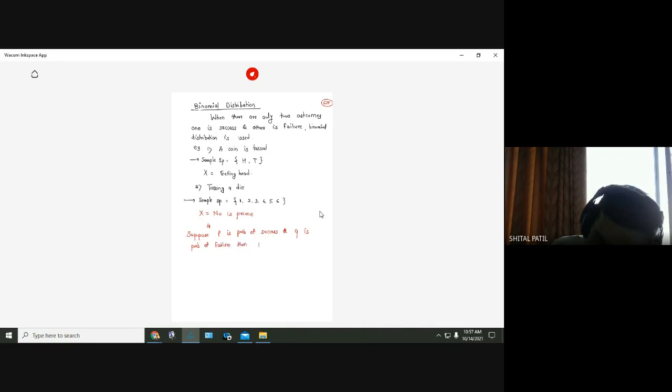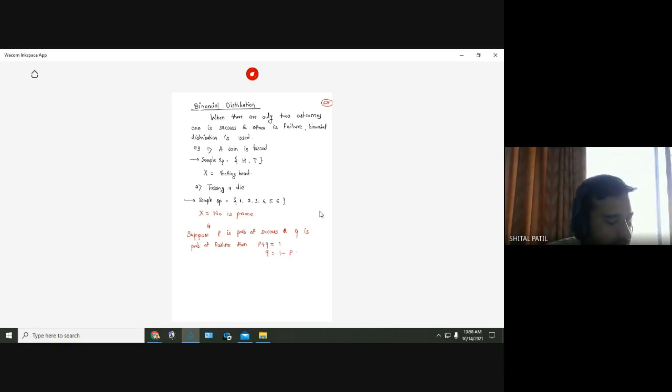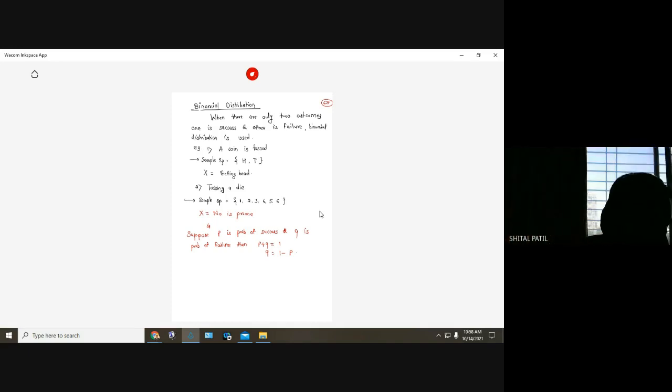Then tell me what will be p plus q. Maximum probability is 1, na? And we have only 2 outcomes. So p plus q will be 1. So q, if we know p, is 1 minus p. Getting? Now we are writing the statement of binomial distribution.